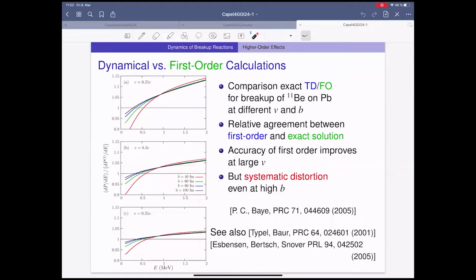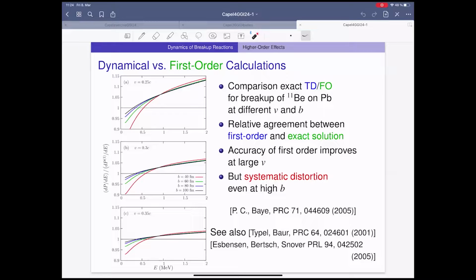So the red line is 40 fermi, then the green one is 60, then you have 80, and then you have 100. It's the black line. So 100 fermi means that the projectile and the nucleus pass by 100 fermi from each other. So you're really far away. And so at these distances and at these velocities, you would assume that first-order perturbation theory works well.